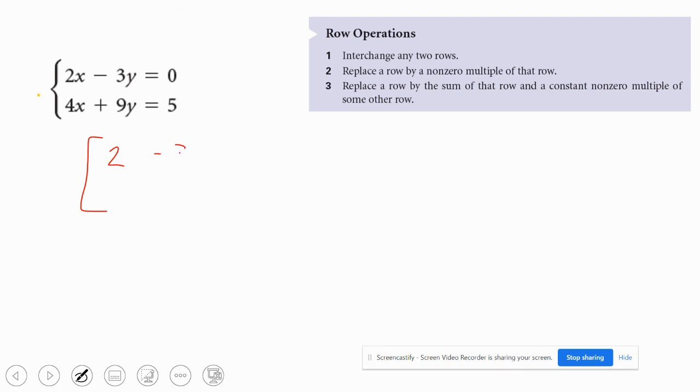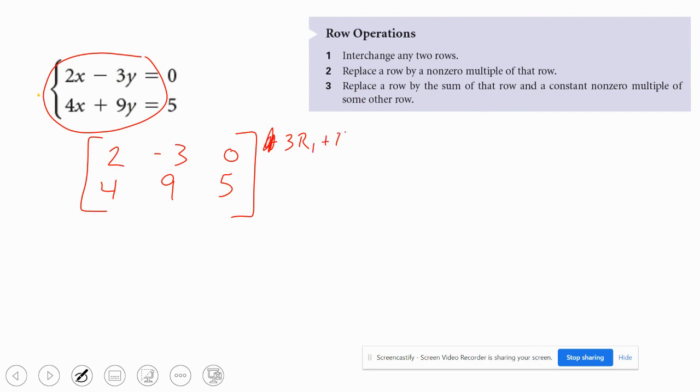So 2, -3, 0, 4, 9, 5. Now, if you were doing this by hand, it's the same thing. What would you do? I'd multiply the top equation by 3 and add it to the bottom equation. So I'm just going to write that. Multiply 3. That should not be a negative. So 3R1 and add it to R2.